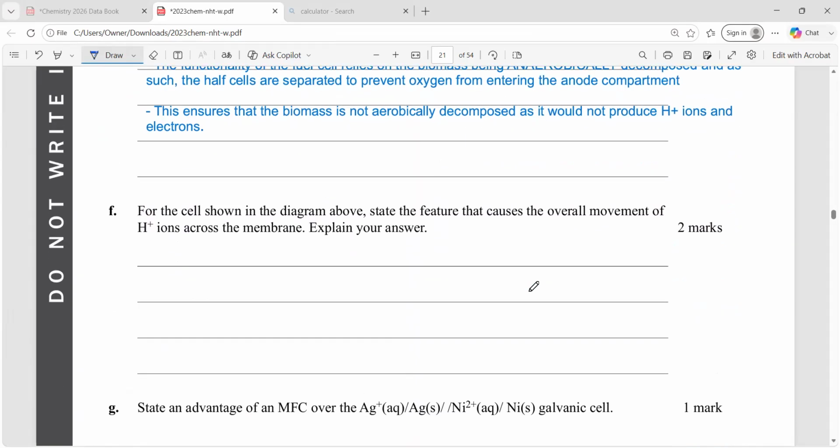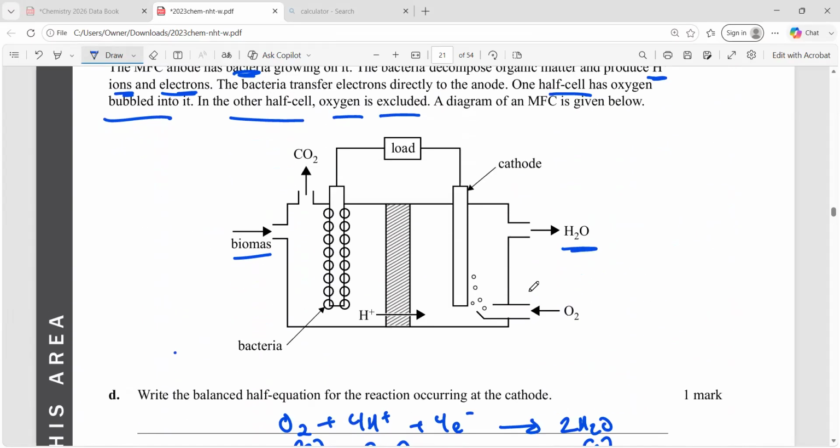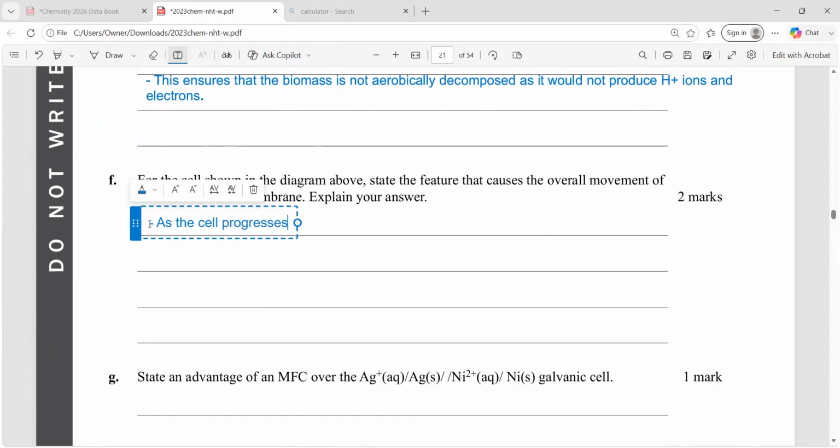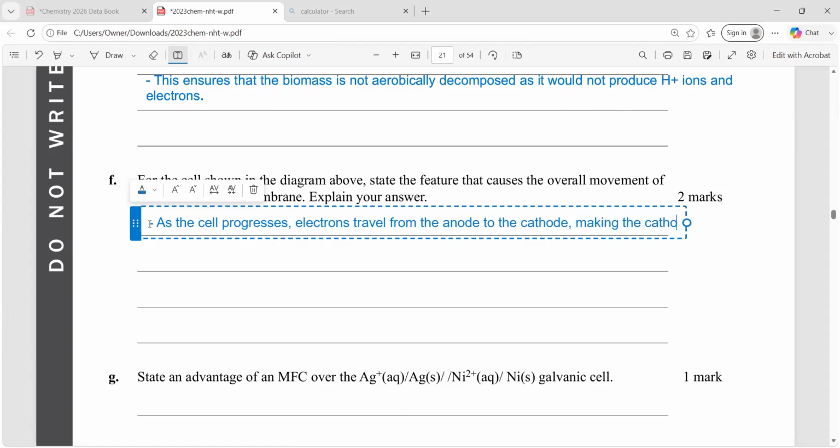For the cell shown in the diagram above, state the feature that causes the overall movement of H plus ions across the membrane. As I said before, the electrons are going to the cathode, making the cathode negatively charged. So the H plus ions need to go there to neutralize it. As the cell progresses, electrons travel from the anode to the cathode, making the cathode negatively charged.